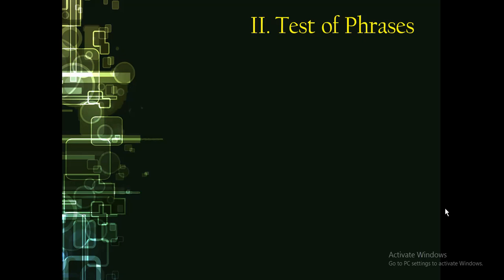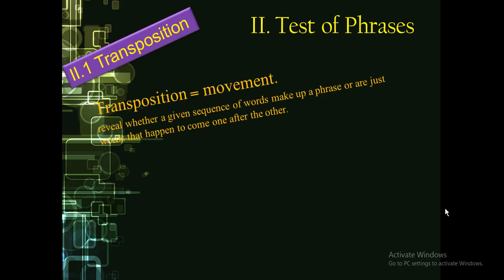Okay, the second: a phrase needs to be tested. How to test it? One is by transposition. Transposition is a movement. So in the phrase we move the words. It reveals whether a given sequence of words makes up a phrase or is just words that happen to come one after the other.